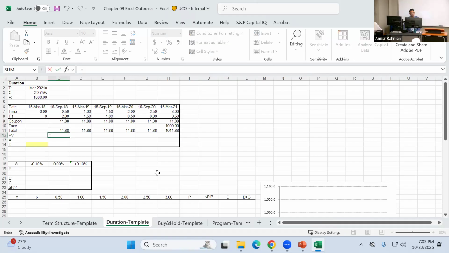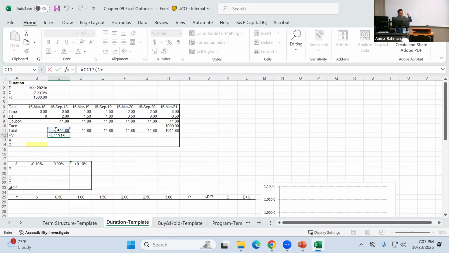Okay. So equal to our future value times open parenthesis 1 plus. Where are the interest rates we need to use? That is the coupon rate, which doesn't change. We need to use the market interest rate.